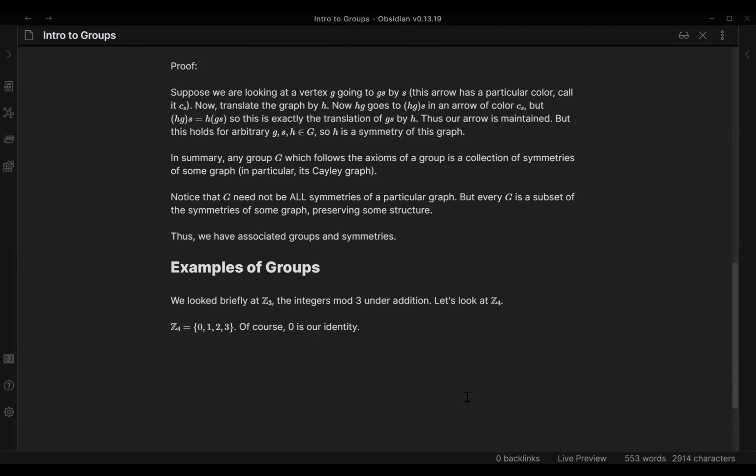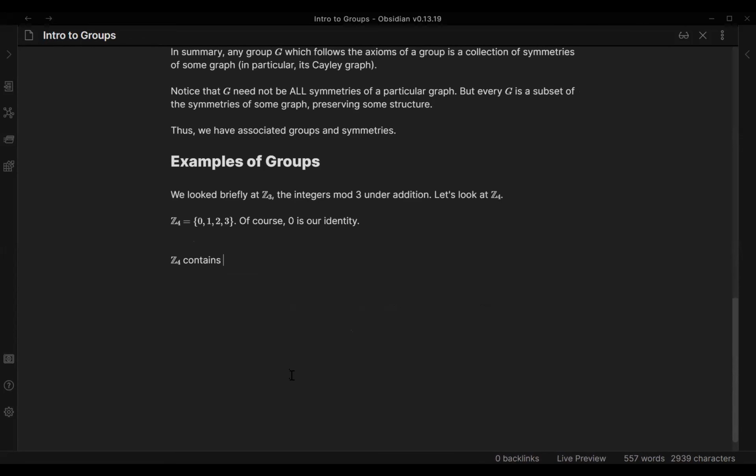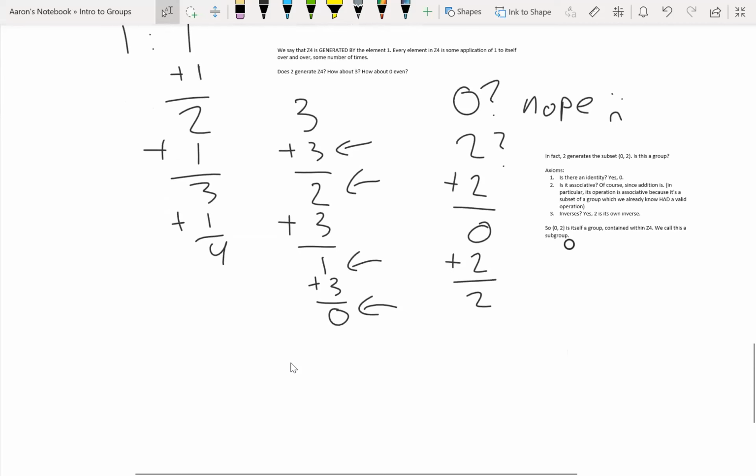So C4 contains the subgroup {0, 2}, which behaves like a group itself. This subgroup is generated by 2.